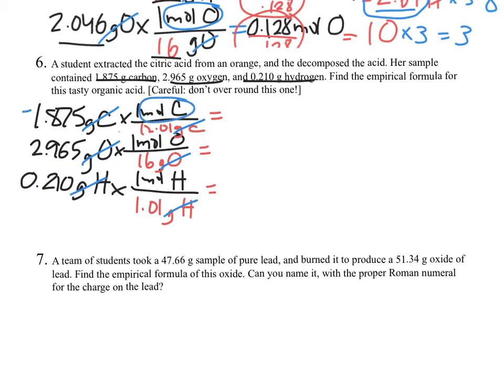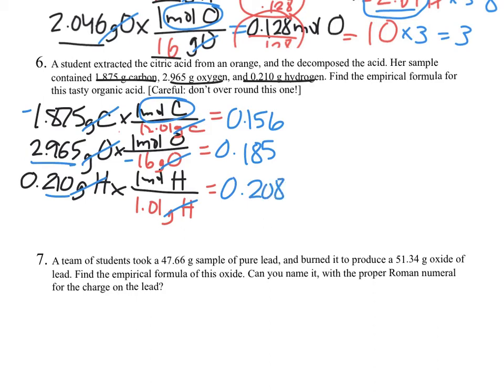All right, so the first one here, 1.875 divided by 12.01 ends up getting you about 0.156. 2.965 divided by 16 right here ends up getting you about 0.185. And 0.210 divided by 1.01 gets you about 0.208.